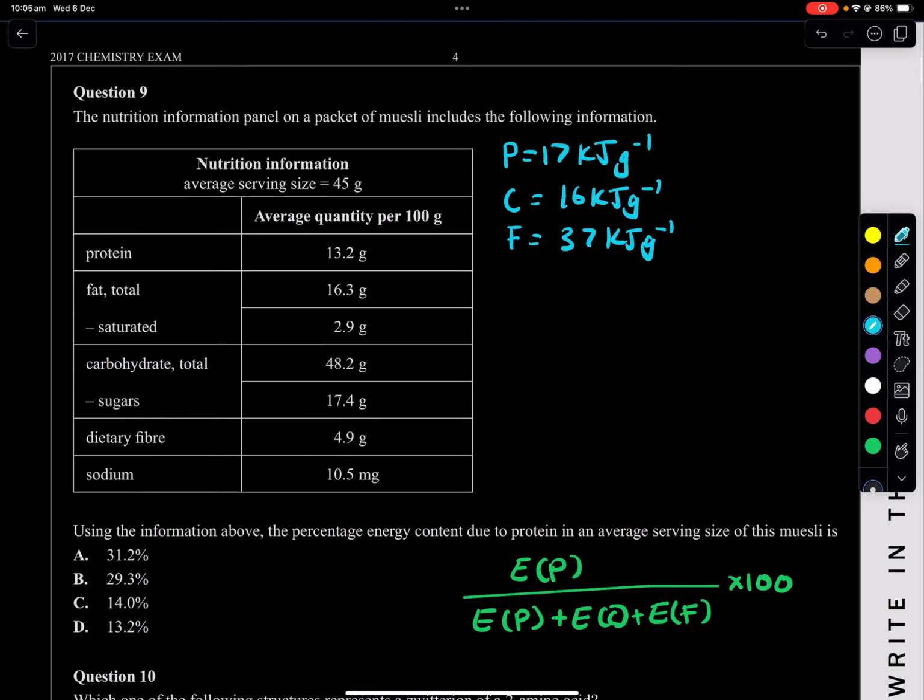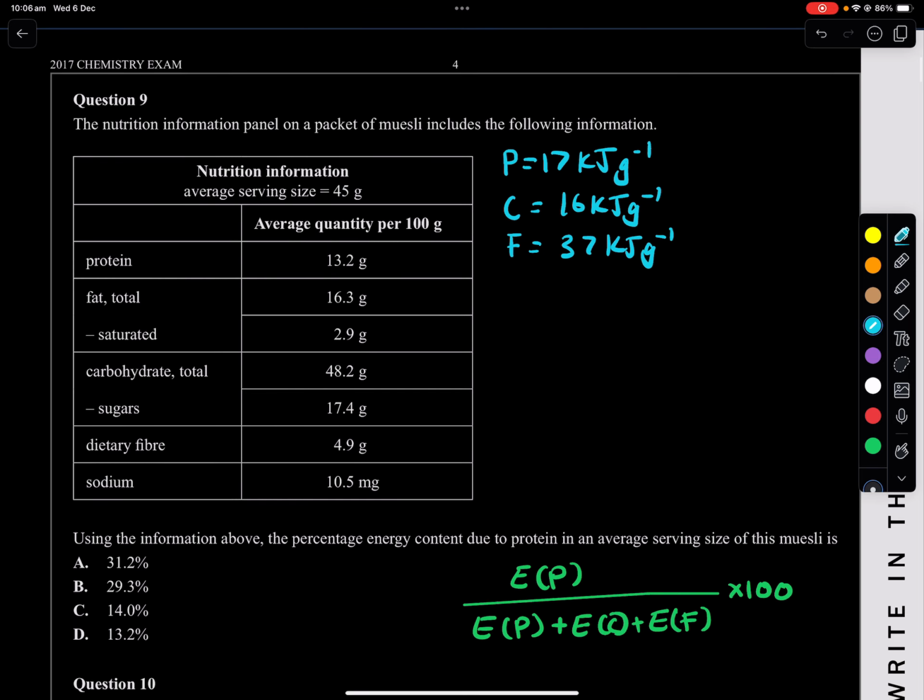To get the energy, remember the formula: for the protein, 17 kilojoules per gram. If we have the mass, and in this case we do have the mass of the protein, we multiply it with that and we get the energy in kilojoules. So that's important.